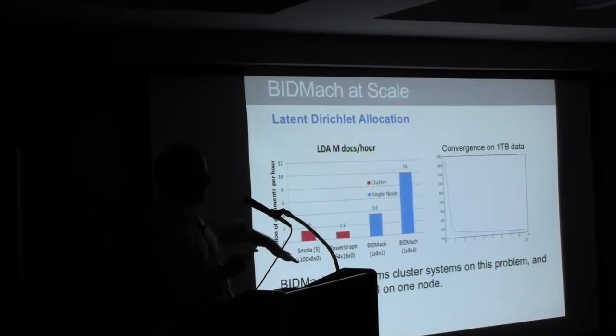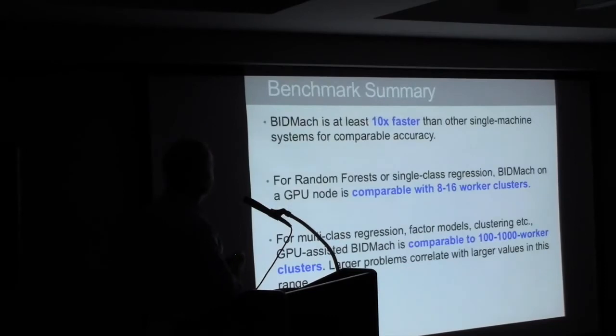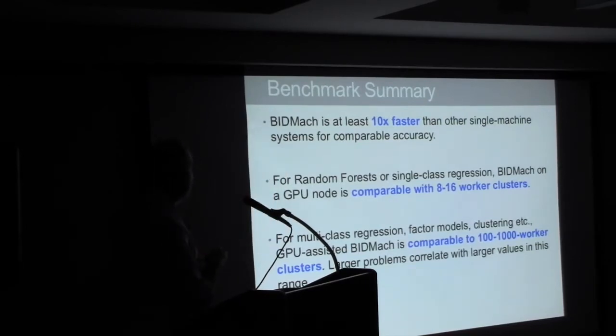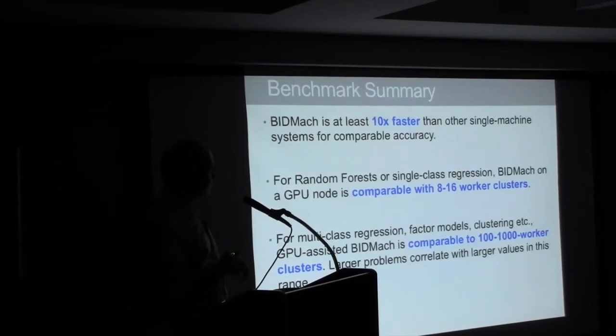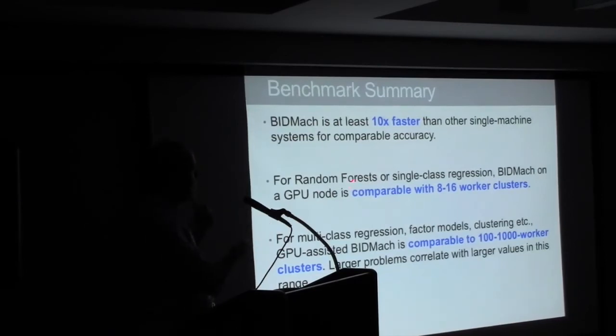And the reality is, unless you have a massive cluster, it's going to take about the same amount of time to process anyway. All right, so a quick summary. We get the expected 10x improvement because we have better speed both for main memory and ALU performance. Against the cluster systems, we do quite a bit better, and I'll get into that in a minute. There are cases that are more memory bound, where we're still competitive because we have rooflined our system, and a lot of other systems are not really rooflined.